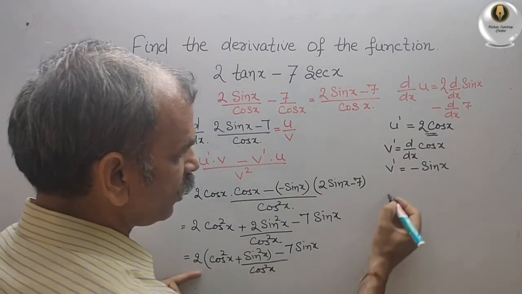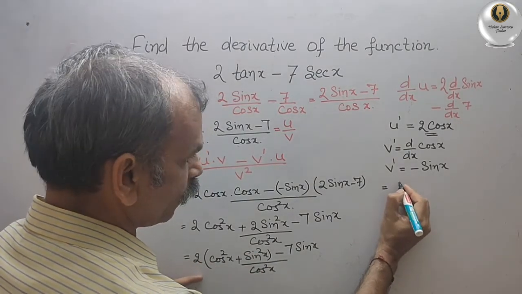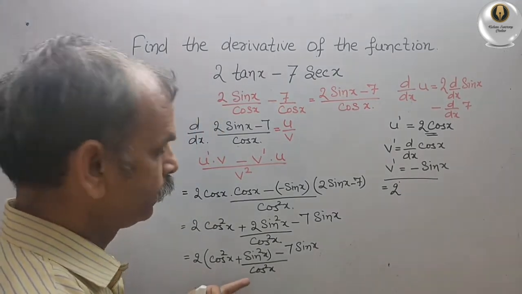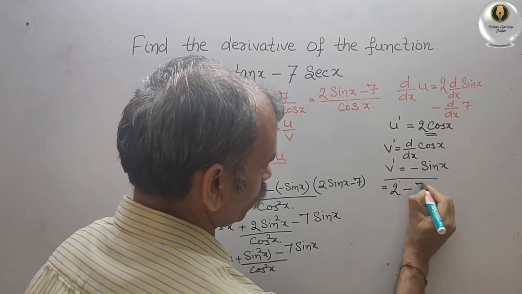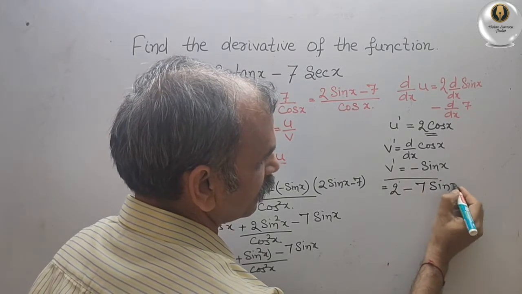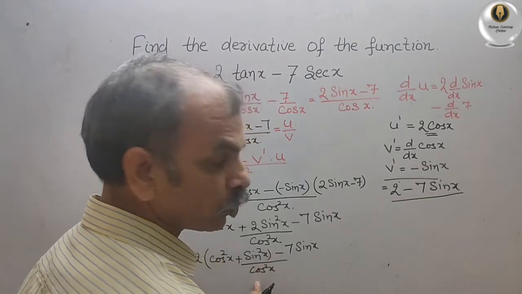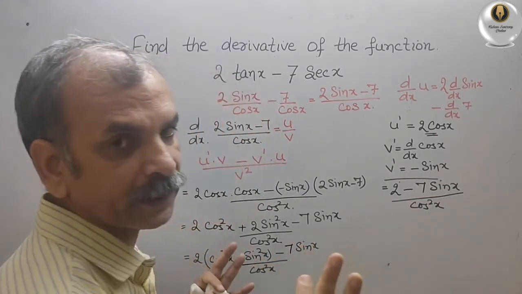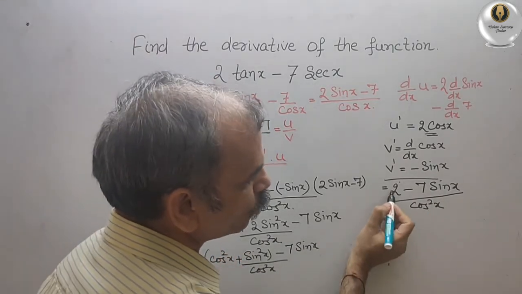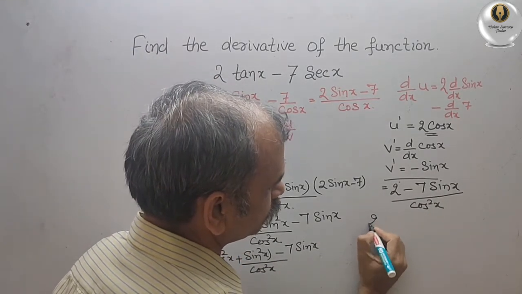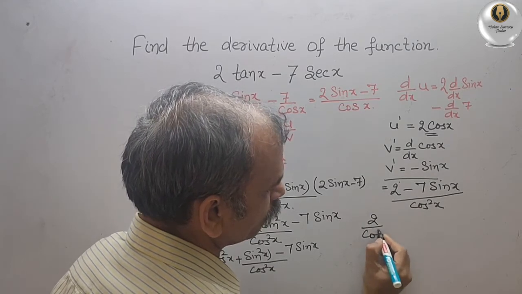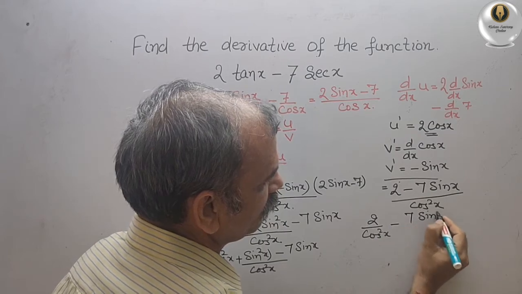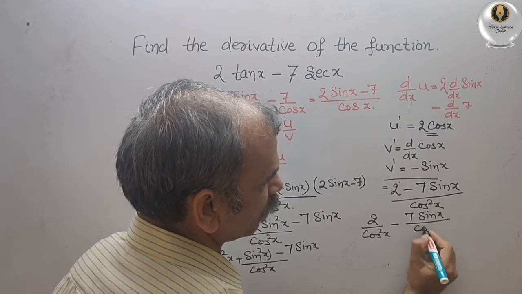Therefore, what will we get? 2 into 1 is 2, minus 7 sin x by cos square x. Now split it. You will get 2 by cos square x minus 7 sin x by cos square x.